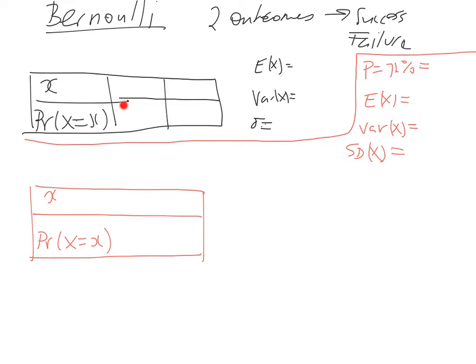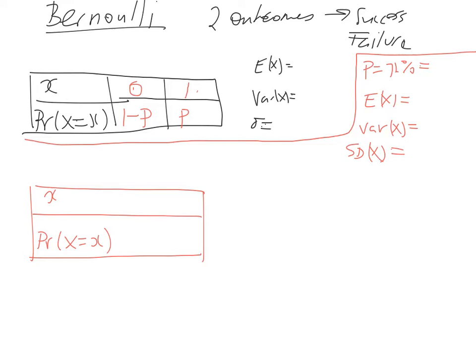Now we can plot that into the distribution table. Because we've got two options, we base them on success. There will either be success or there won't be success, so 0 successes or 1 success. P is our probability of success, and everything else, 1 minus P, is our probability of failure, or our probability of not success.